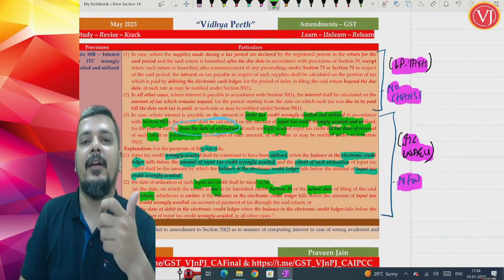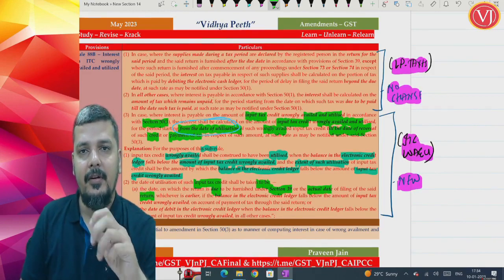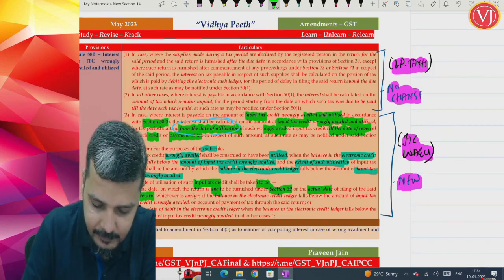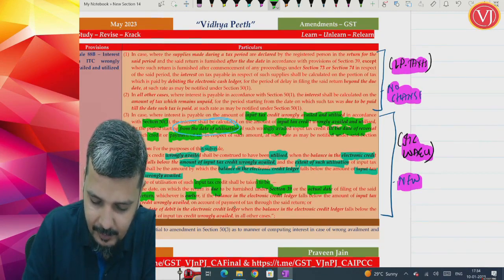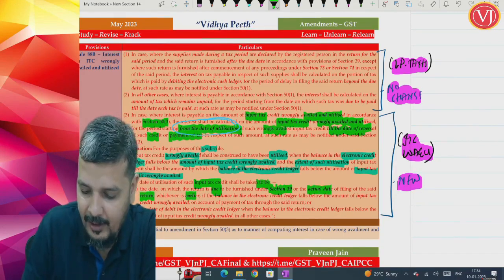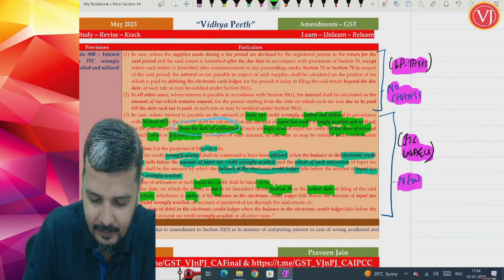If you are reversing that amount in your return, then you are talking about the date on which the return is due to be furnished under section 39 or the actual date of filing of the said return, whichever is earlier.